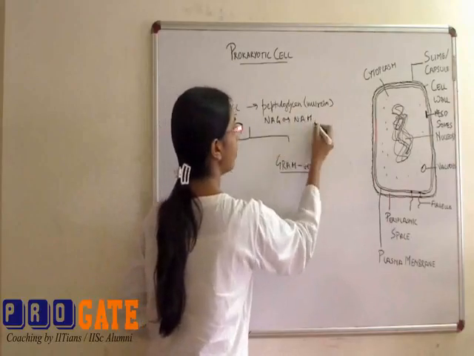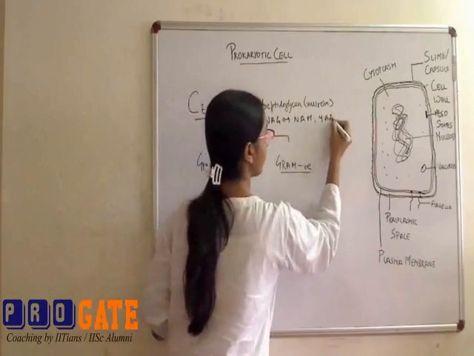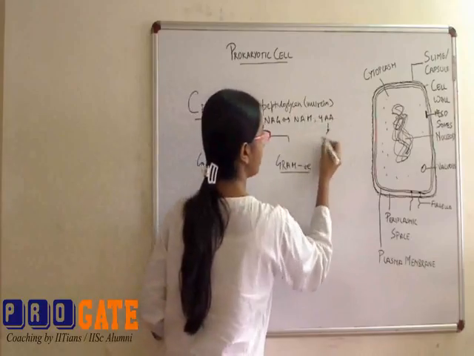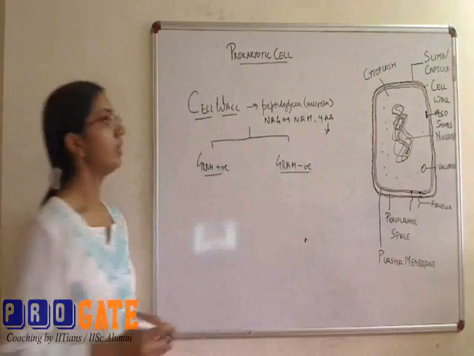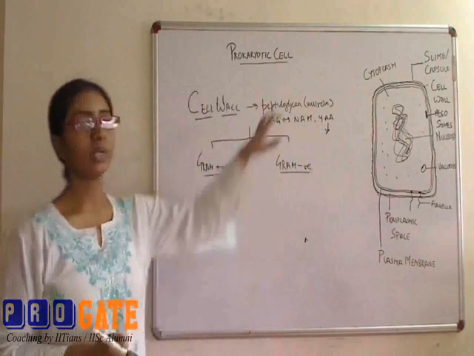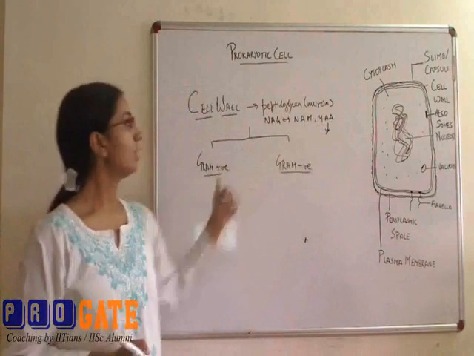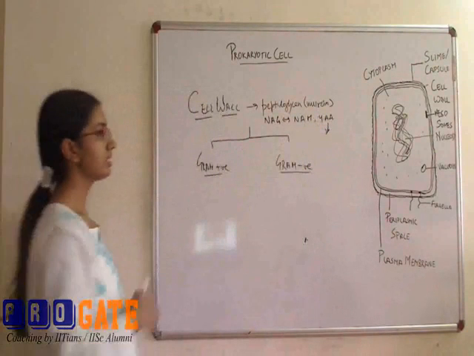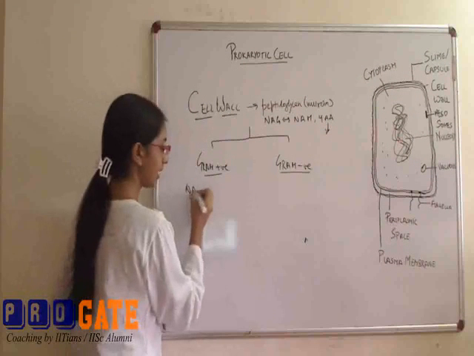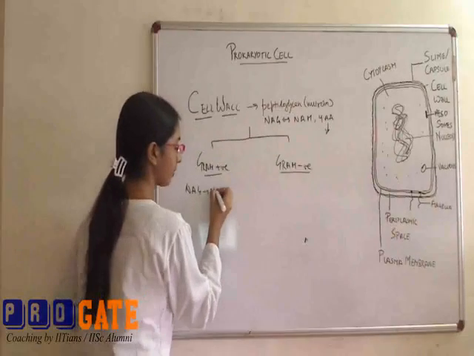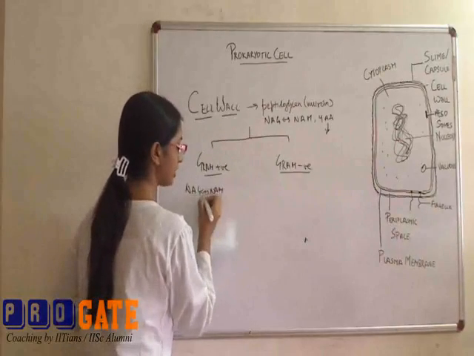Apart from that, there are 4 amino acids which are present inside the cell wall. So the basic composition of the peptidoglycan remains generally common. In gram-positive bacteria, we have just the NAG and NAM residues which are cross-linked.